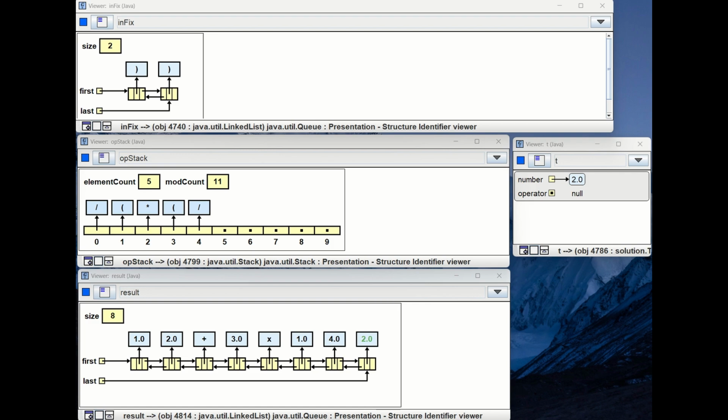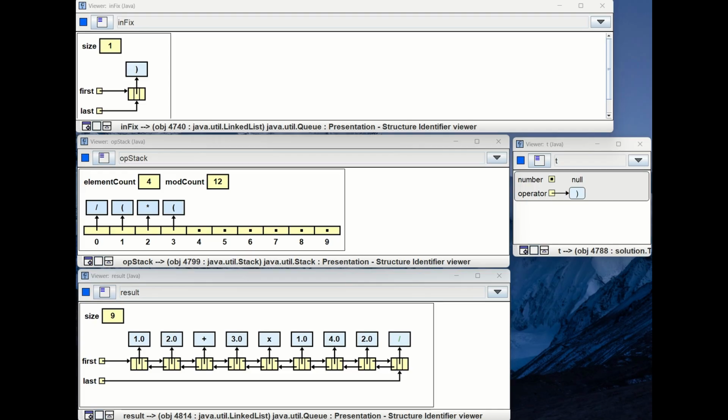Now we have a closed parenthesis, so we're going to pop off of our stack until we have the matching open paren. We'll discard both the parentheses, and we'll put all the operators between those into the result. Here we have a division sign that's going to go into the output queue.